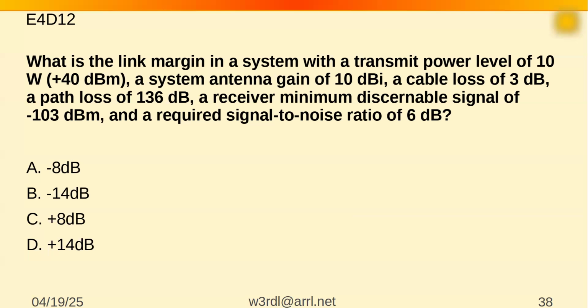Yeah. So what is the link margin in a system with transmit power of 10 watts, a system antenna gain of 10 dBi, a cable loss of 3 dB, a path loss of 106 dB.